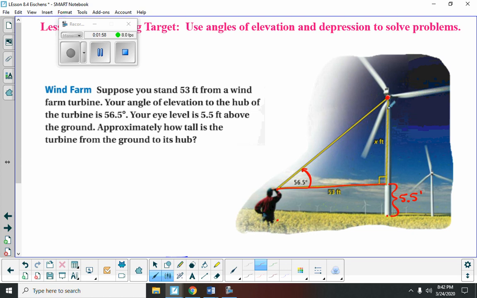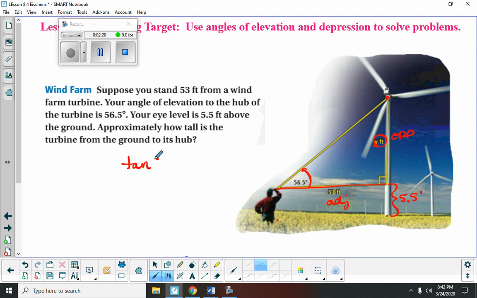So what we have to do is use trig to find x. And then once we find x, we'll add it to 5.5. So let's start out by labeling our triangle. Here's our angle. This is opposite. That's the hypotenuse. This is the adjacent. Opposite and adjacent is tangent.